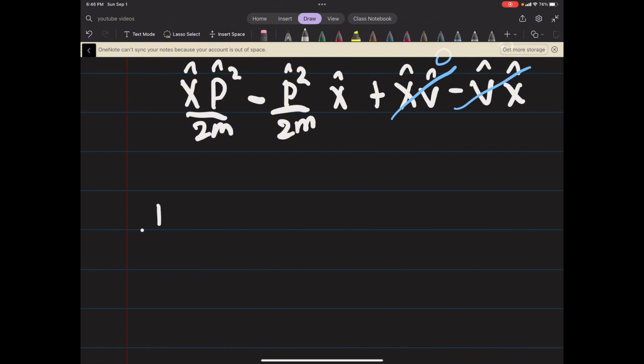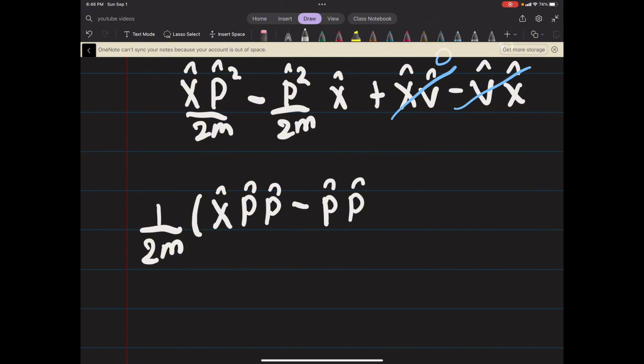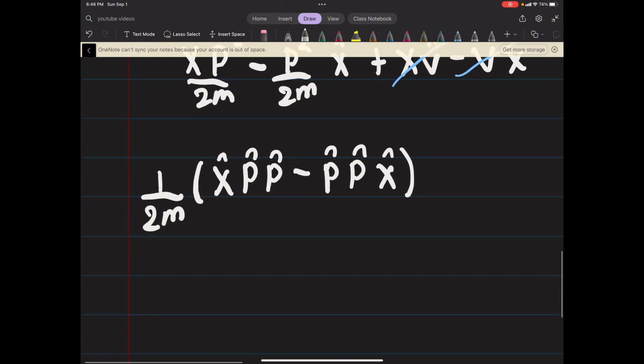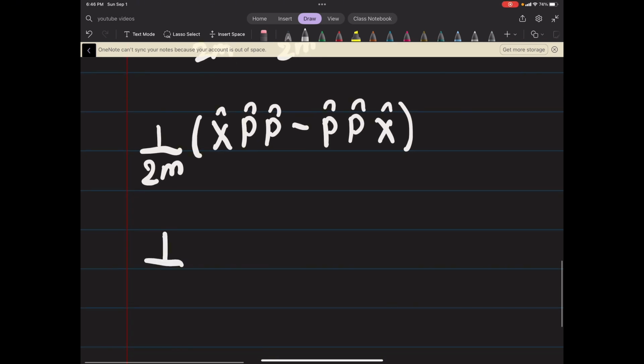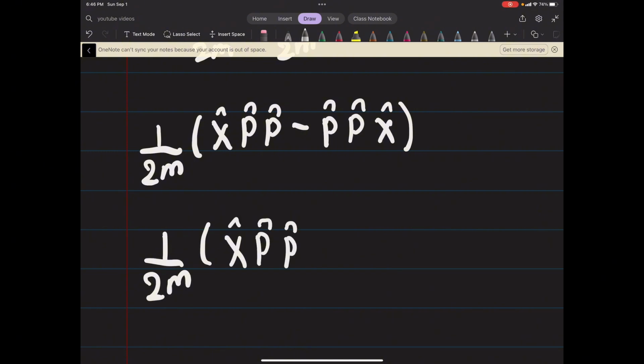So I'm going to factor out a 1 over 2m, and we'll have x hat p hat, that's what p squared is, minus p hat x hat. Now what I'm going to do, inside our parentheses, is add and subtract the same quantity. I'm noticing we have an xp here.